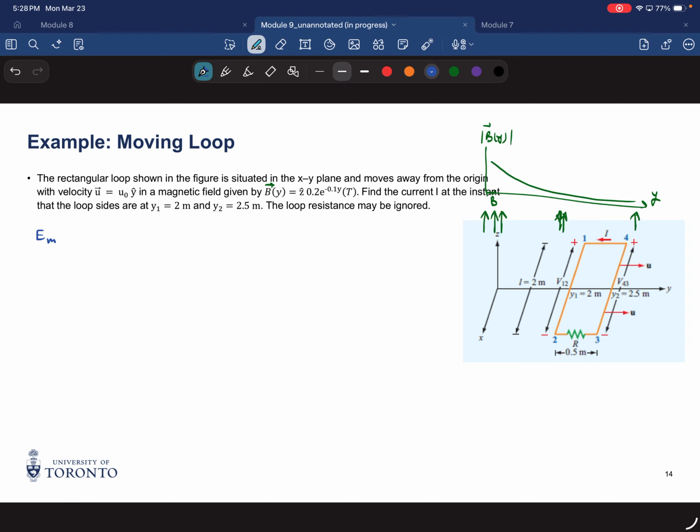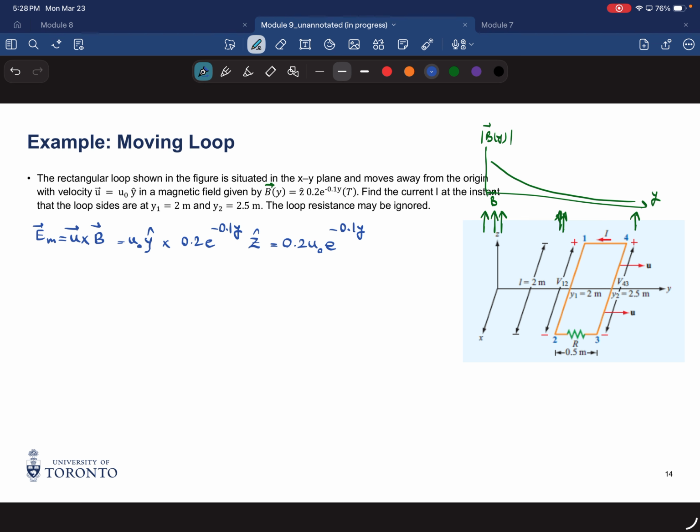So EM is u cross B. u is u0 y hat, cross B, which is 0.2 e to the minus 0.1 y z hat, which is going to be 0.2 u0 e to the minus 0.1 y.